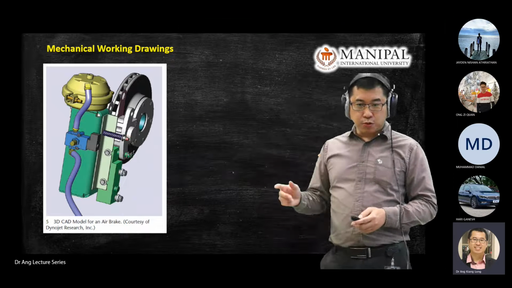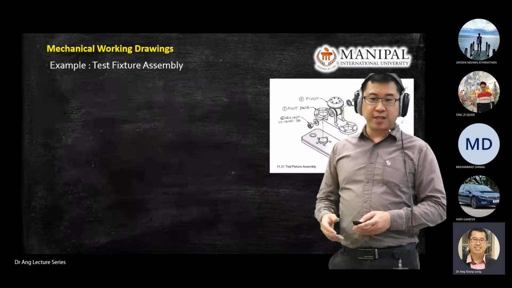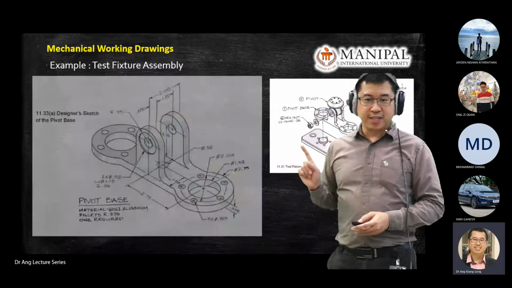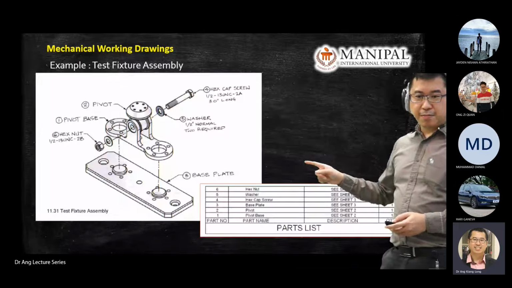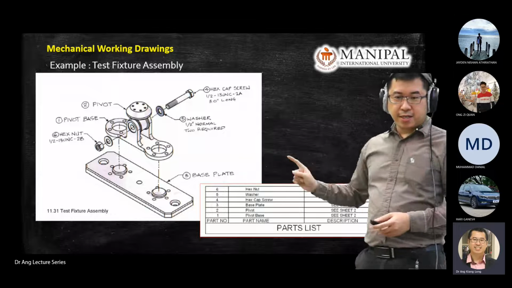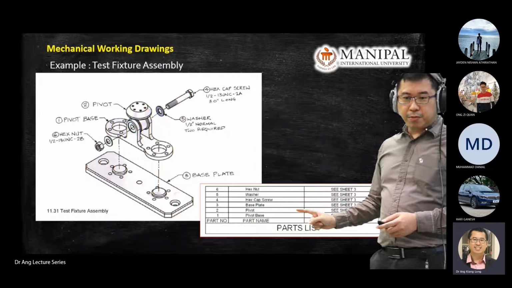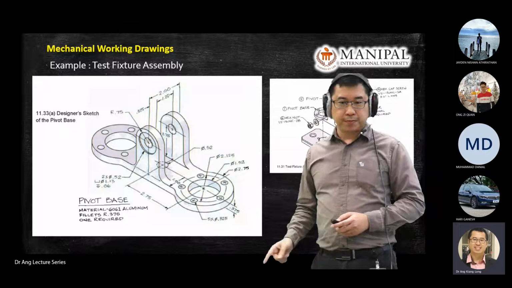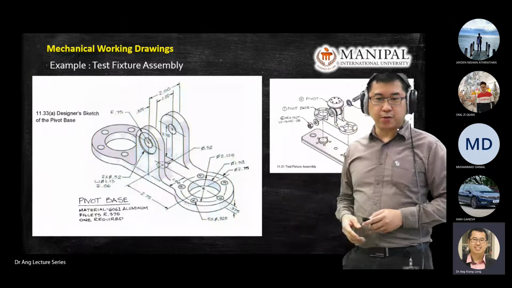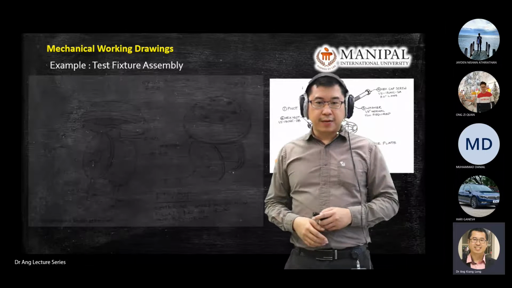But this week, I expect you to give me an assembly drawing like this, and prepare the BOM list and individual parts dimensions. That is the homework for these 2 weeks.